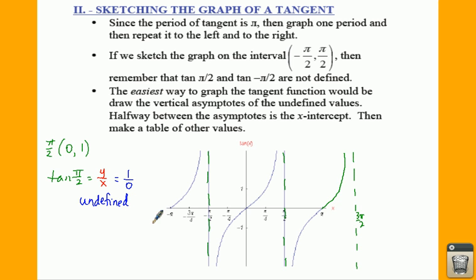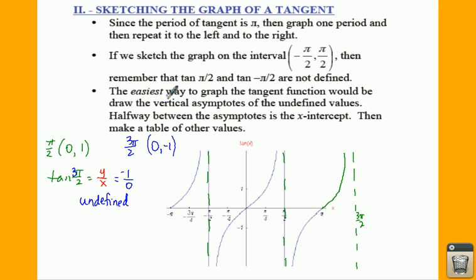So that's why you're going to have an asymptote at pi over 2. Same thing for negative pi over 2. Remember, coterminal angles: negative pi over 2 is the same thing as 3 pi over 2, and at 3 pi over 2 your ordered pair is 0, -1. So this would be -1 over 0, which is still undefined. So that's how you get your asymptotes for tangent.